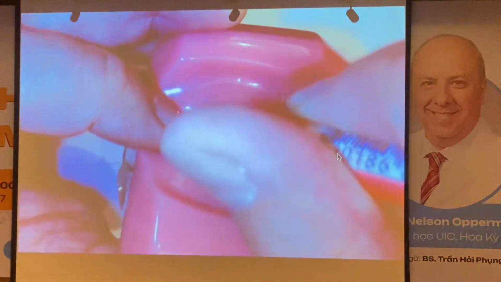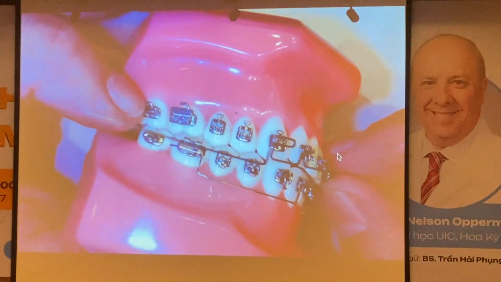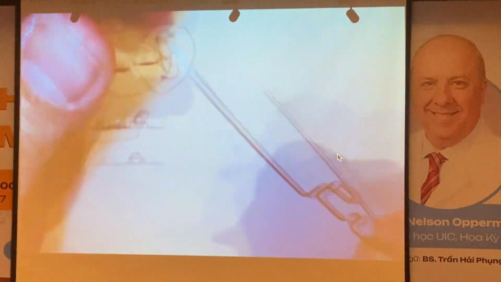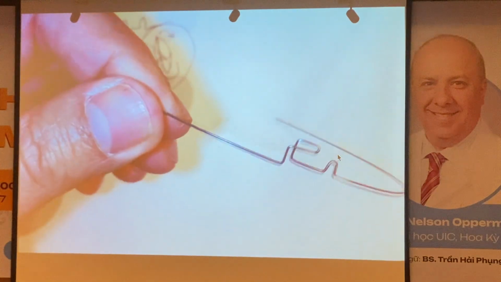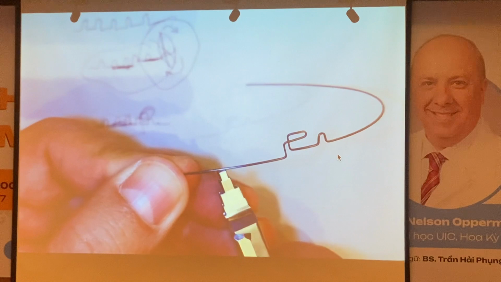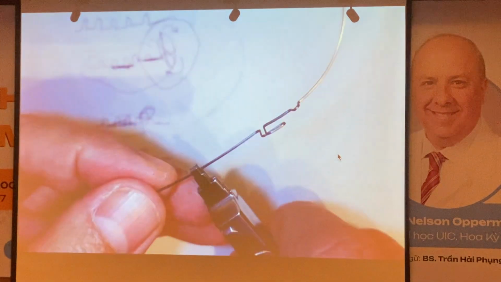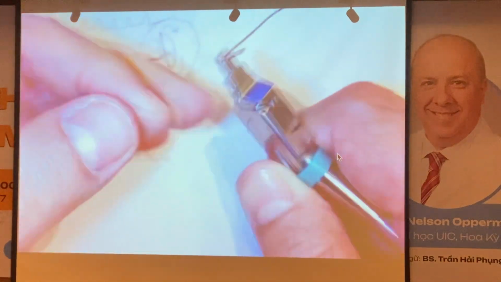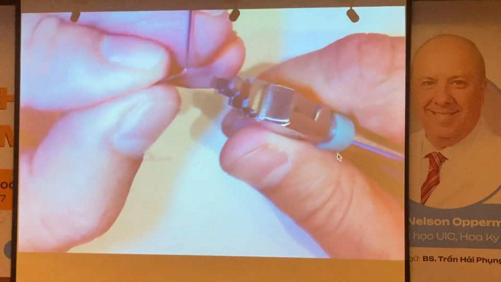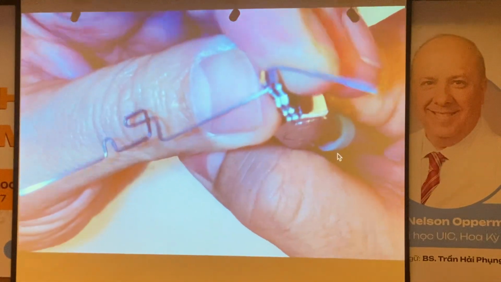If you don't have enough wire, you can put just straight. I like to put it just to facilitate the activation. But there's no really big reason to have this loop.